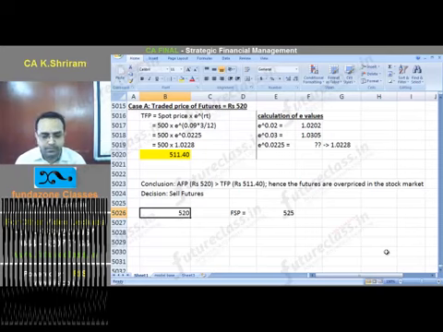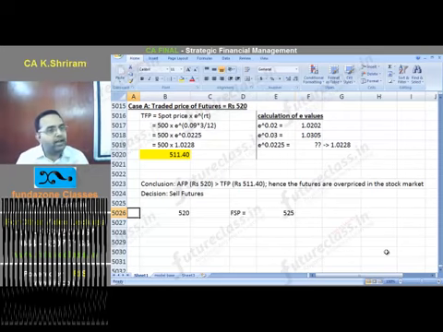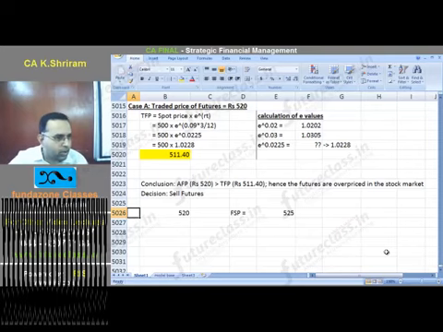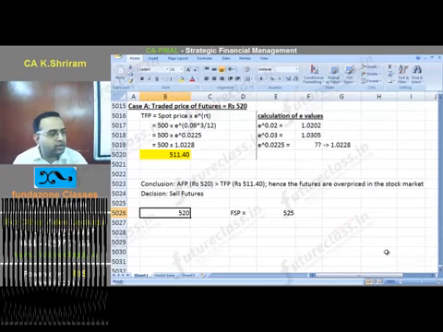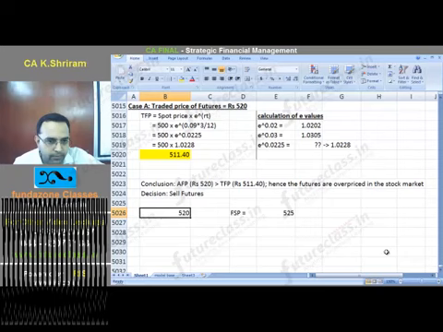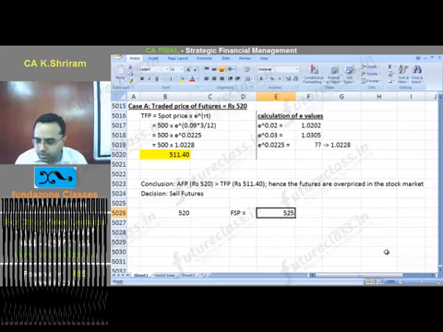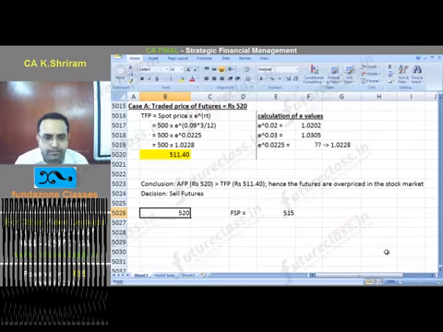Another way of thinking: I can't sell for 525. I'm stuck with 520. Even if I already have a share in my hand, I need not buy on that day. Still, I can't sell it for 525. I have to honor this contract, so I have to deliver it to that guy for 520. So anyway, I make an opportunity loss of 5. On that day, if the future spot price is 515, I make a gain. I can sell it for 520.